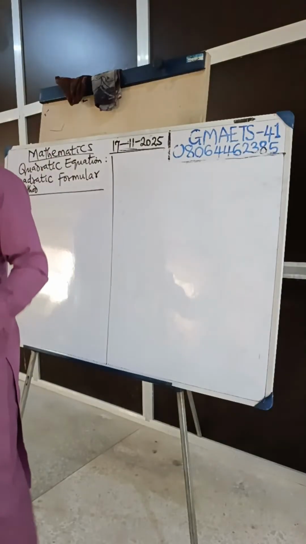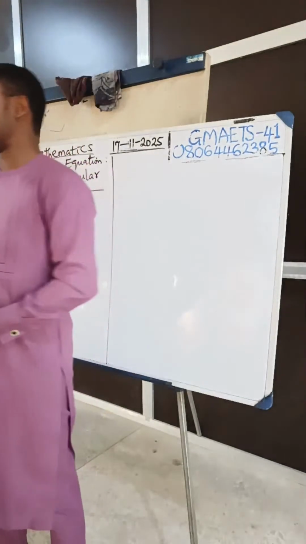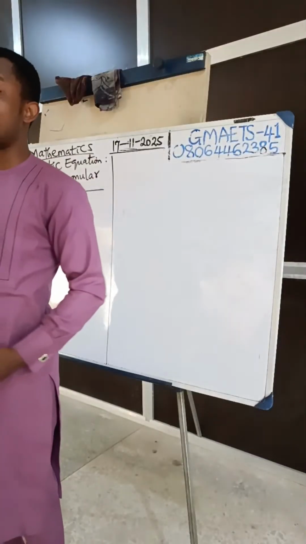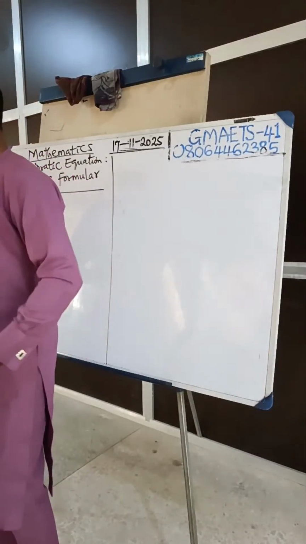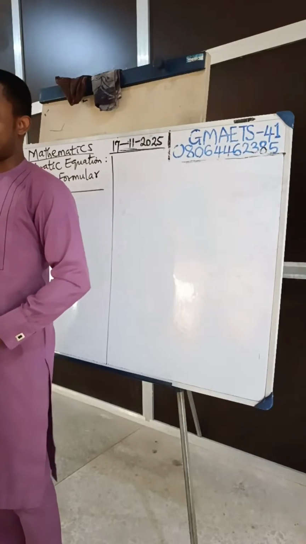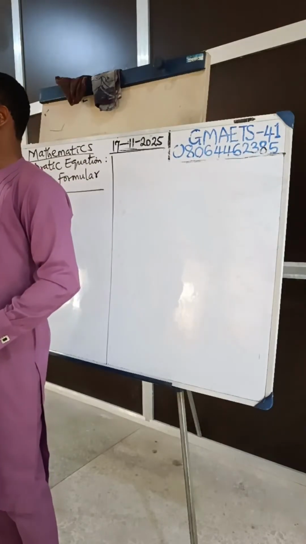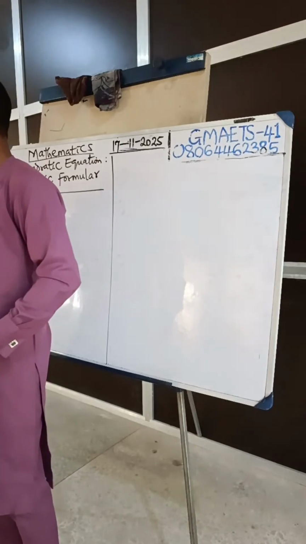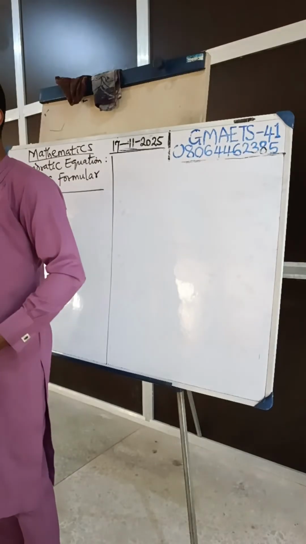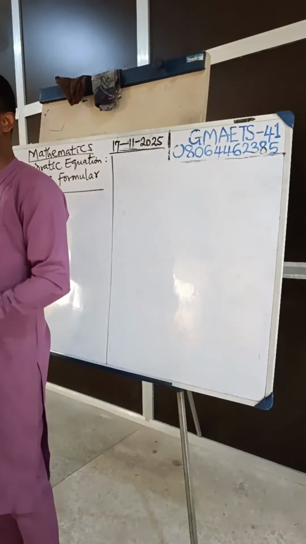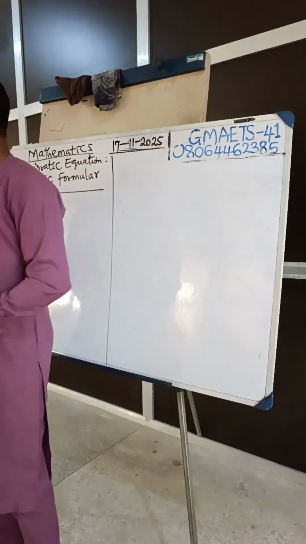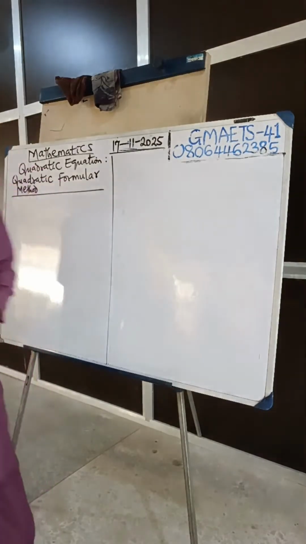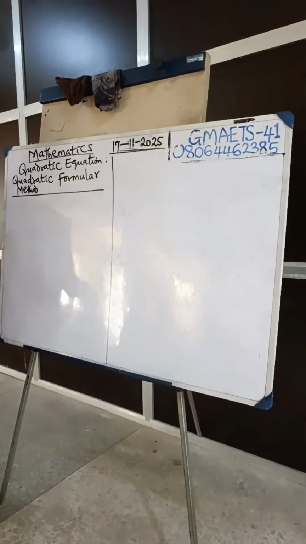But if you are going for JAMB, it is purely CBT, so you won't be forced to use a particular method. But the WAEC examination can force you to solve a quadratic equation by the formula method. Already we are done with the factorization method and completing the square, and completing the square helped us to derive the formula we are going to deal with today.